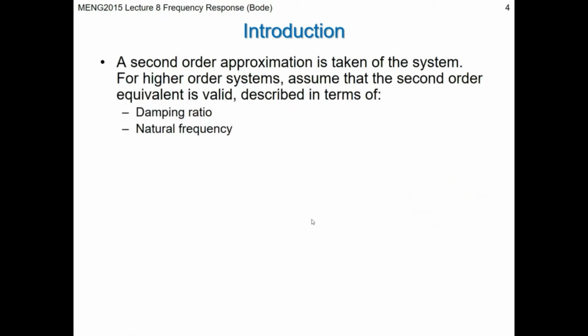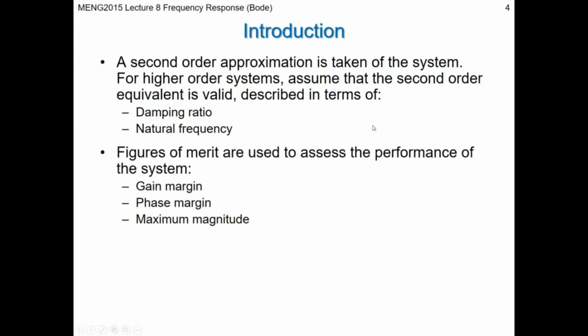As we go through this frequency approach, we're taking a second order approximation of the system. For higher order systems, we can assume that the second order equivalent is valid. So we can describe the system in terms of its damping ratio and natural frequency, as we have been doing for our second order systems up to this point.